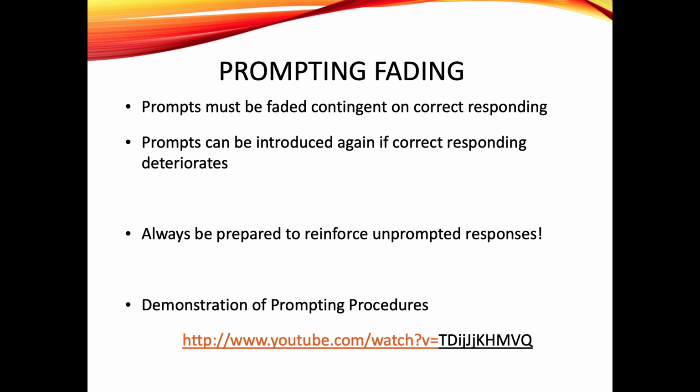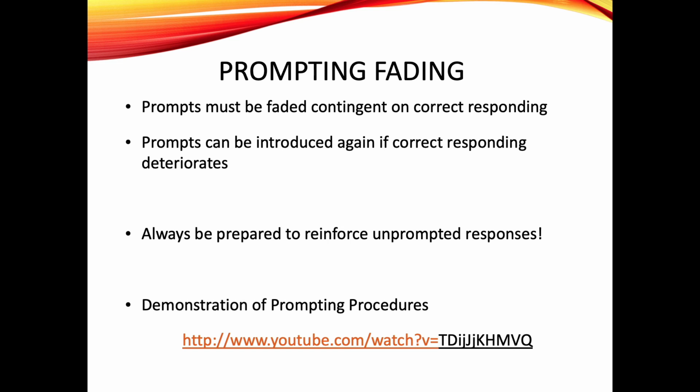Well, let's talk about those interchangeably for now. They may be different, but we're trying to teach a behavior, and that behavior has a correct form, so it can be correct. Or we're trying to teach a response to occur independent of any prompting, so independent. But for now, we'll keep those two terms interchangeable. So we got to fade the prompts contingent on correct responding.